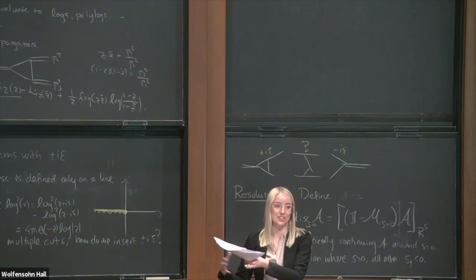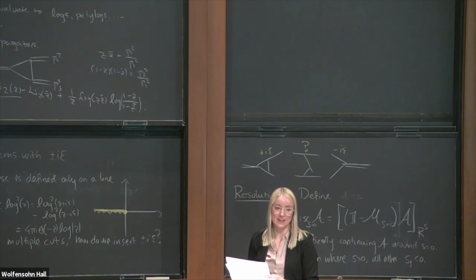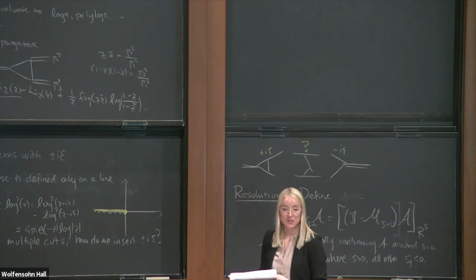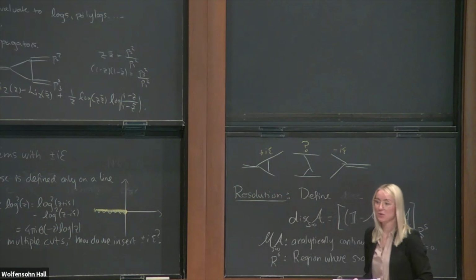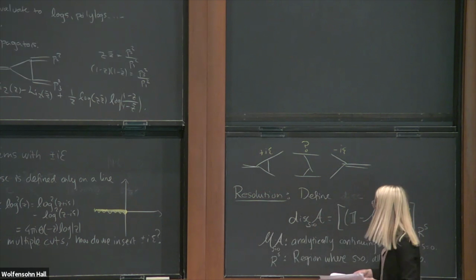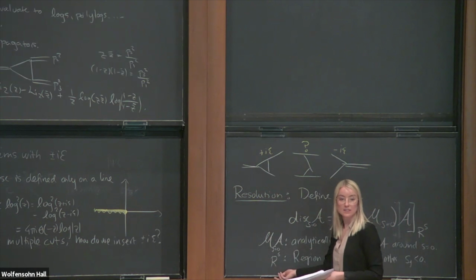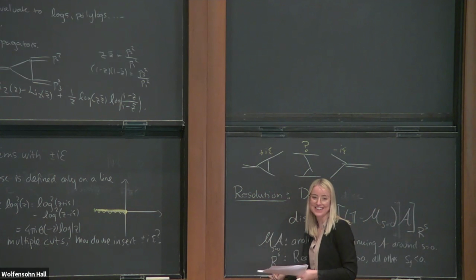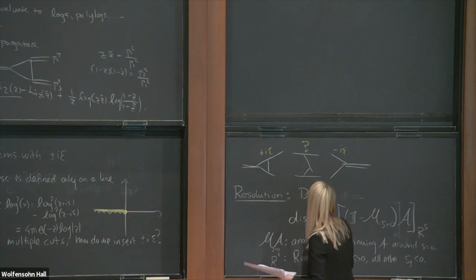The asymmetry just comes from our way of writing it. There's a way to write it which is symmetric in plus or minus iε. But then you have to allow for multiple cut diagrams. I guess it will be anti-symmetric in plus and minus. Yeah, it depends on where you put the minus iε.